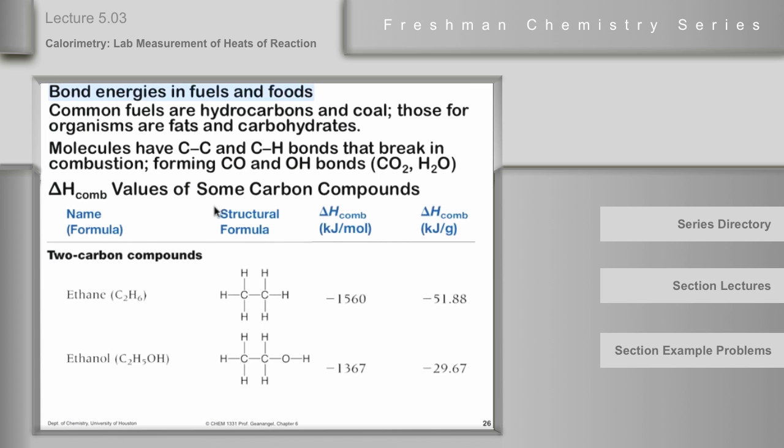Now, it's instructive to think for a minute about the magnitudes of the delta H for these things. Let's suppose that you're a marathon runner, and nobody ever told you what to eat before the marathon. You're going to run 26 miles. Your body's going to consume a large amount of energy. So let's suppose you have a choice in what you're going to eat the day before the marathon.